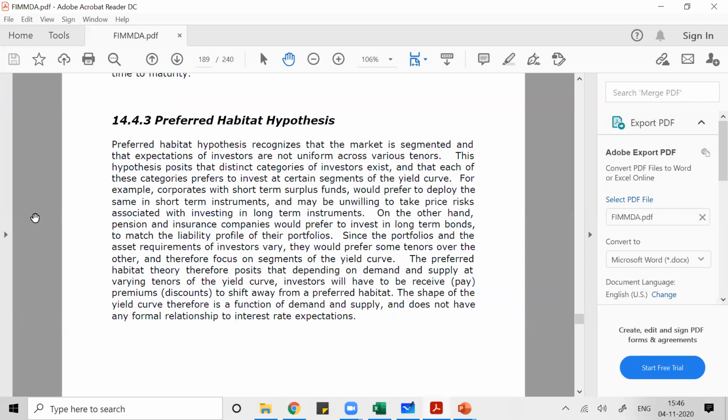So if there are more players like pension fund companies or provident fund companies which prefer to invest in long-term instruments, automatically they will buy debt instruments having very long maturity. So automatically there will be demand for the long-term debt instrument, the price will increase, and the interest rate will fall.